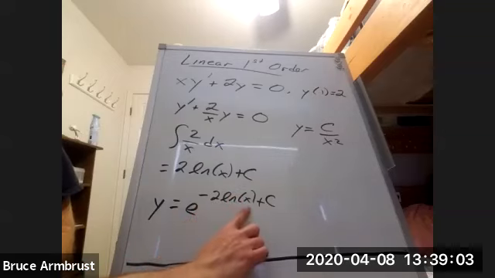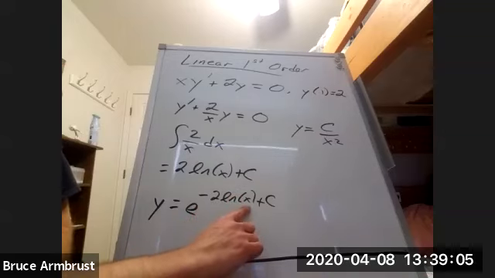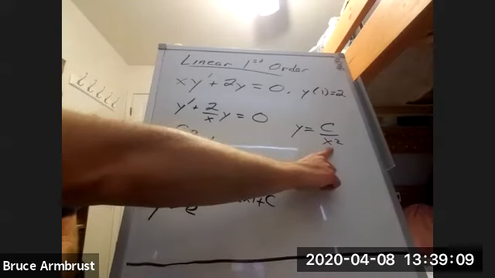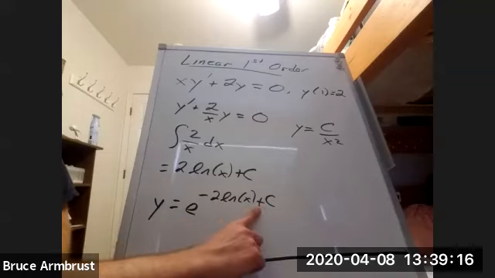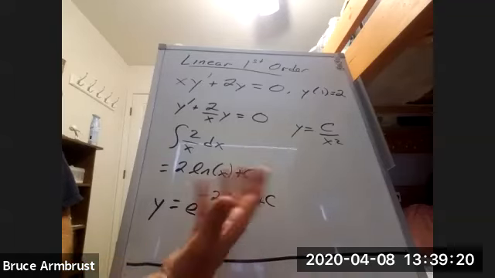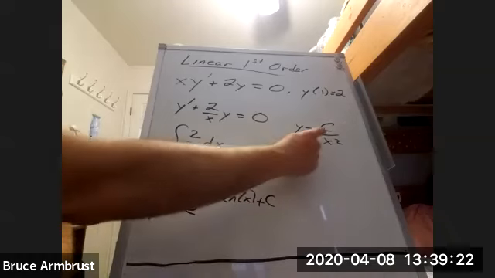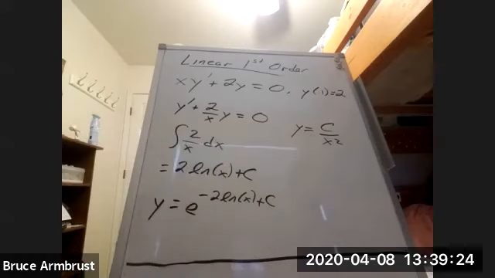Again, that minus 2 comes as a power, so we have x to the minus 2. That's our x squared at the bottom. This c, I've got e to the c being multiplied because we're adding exponents. Well, e to the c is now another arbitrary constant, but boom, there it is.